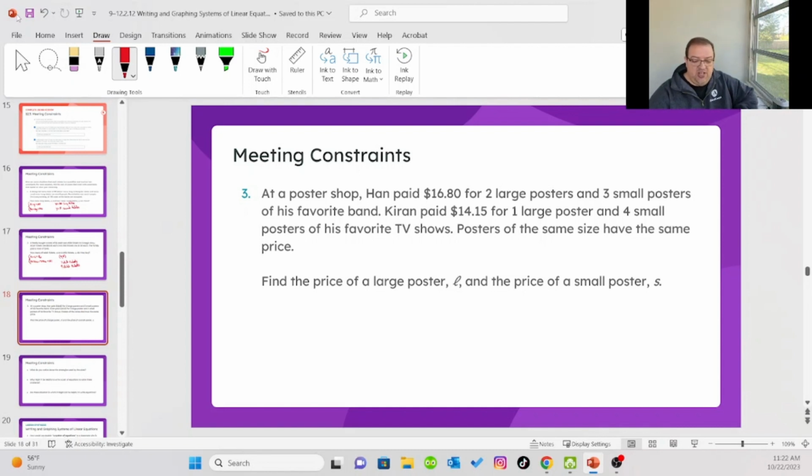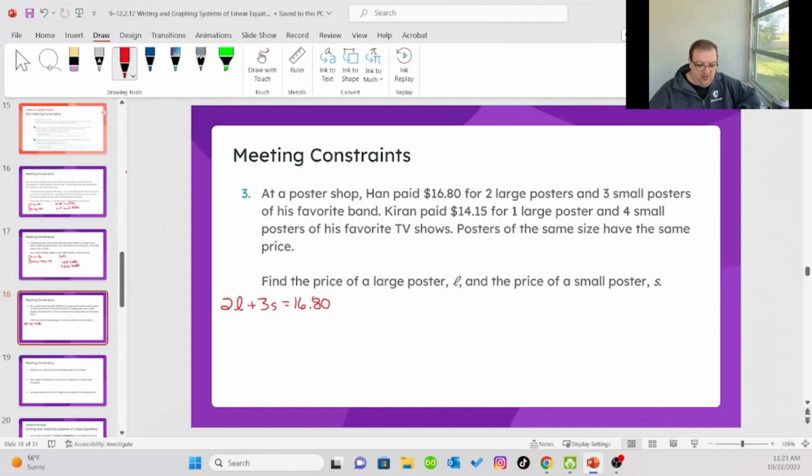So first we need an equation that represents Han. Han had 2 larger posters plus 3 smaller posters and paid $16.80.